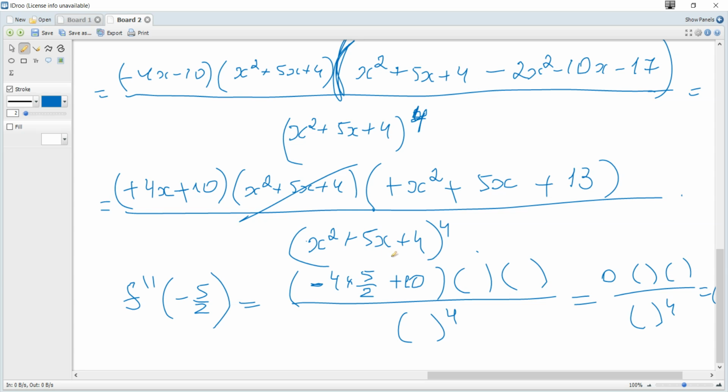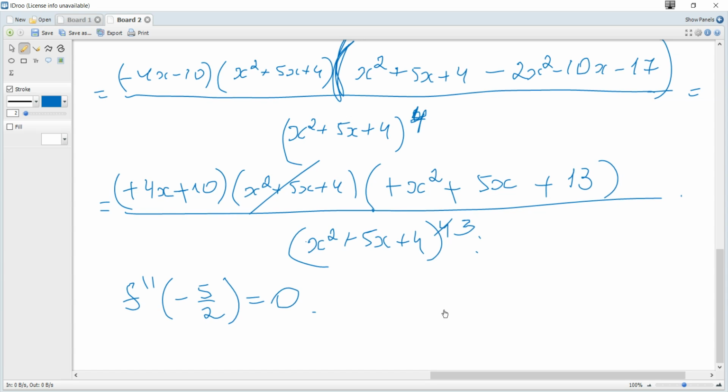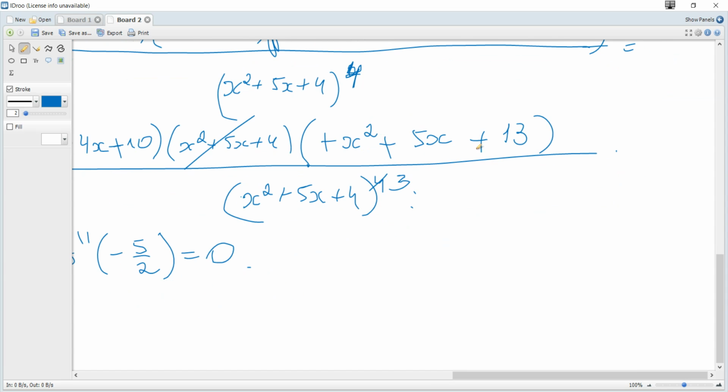But if you don't do that, you cannot take these zeros, because -1 and -4 are zeros of the denominator, so you cannot consider x is -1 and x is -4. We can simplify.